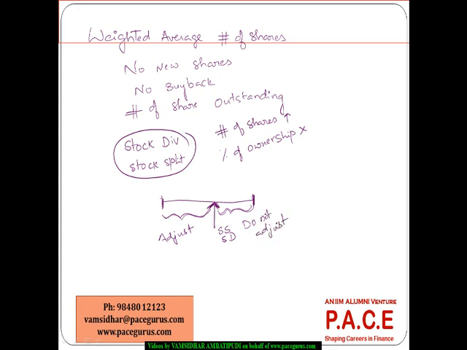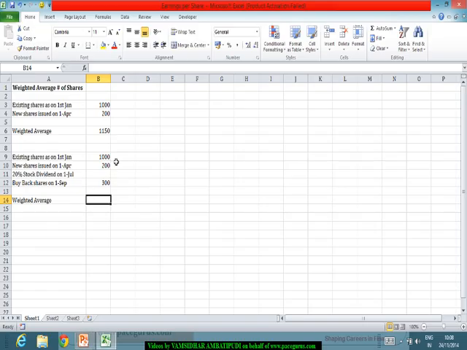After that, you simply go ahead with the weighted average computation. Here, if I have to do the adjustments, there is a 20% stock split, which means 20% extra shares would be coming.